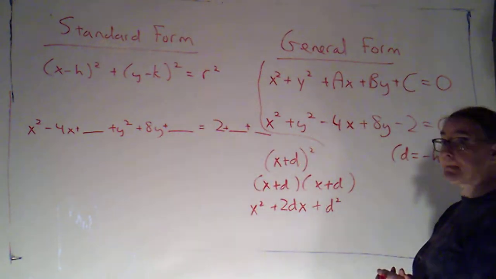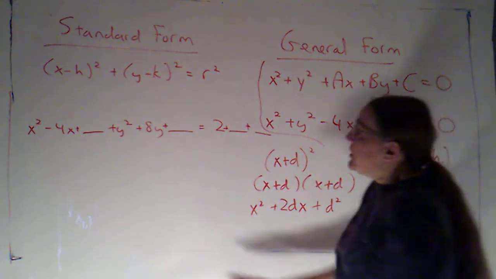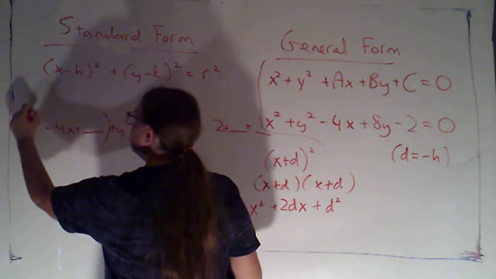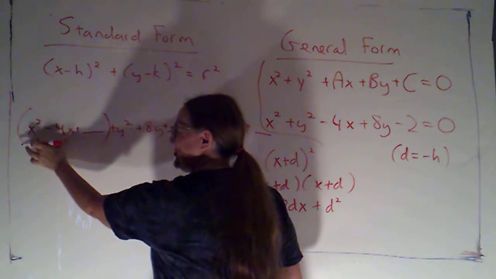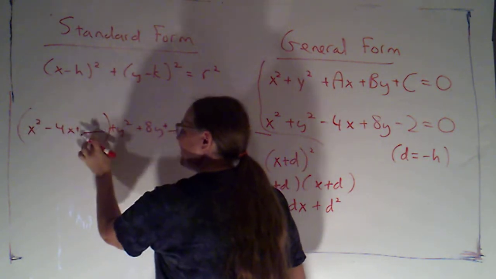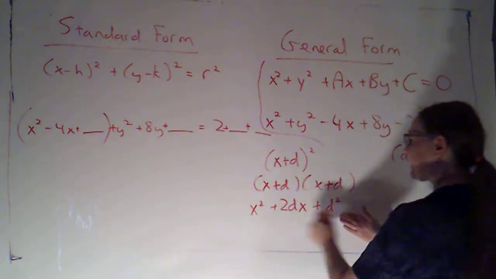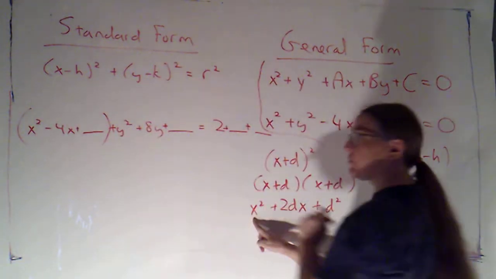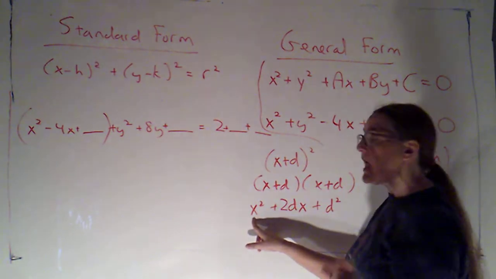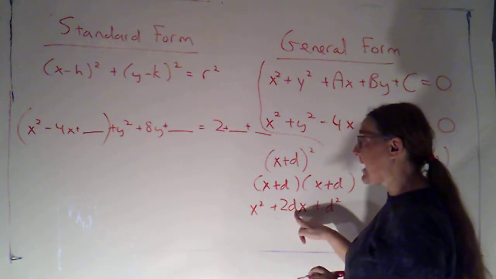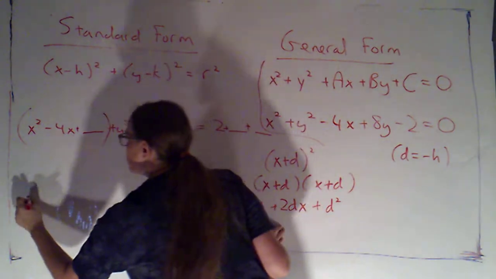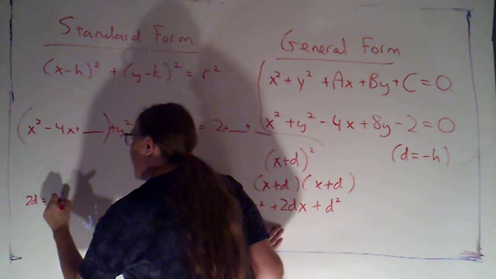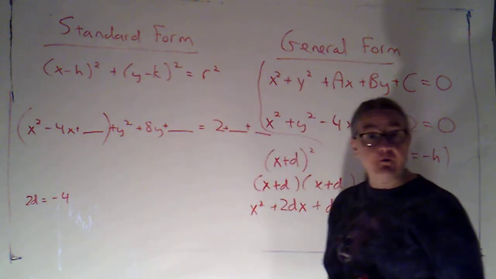Okay, so if I look here, I'm trying to make these 3 terms, the 2 that have x's in them and this unknown number, match this formula. Now if that's going to work, I need to have 1 copy of x squared, and I do. The number of x's that I want to have is 2d. The number of x's that I have is -4.